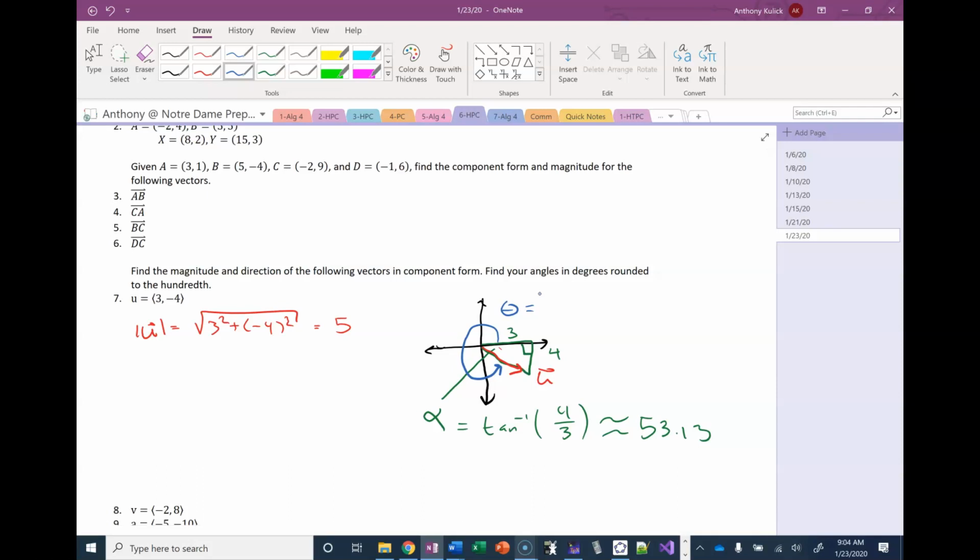So what's the relationship between theta and alpha? Theta is 360 minus alpha. So that means it is 306.87. So my magnitude and then my direction.